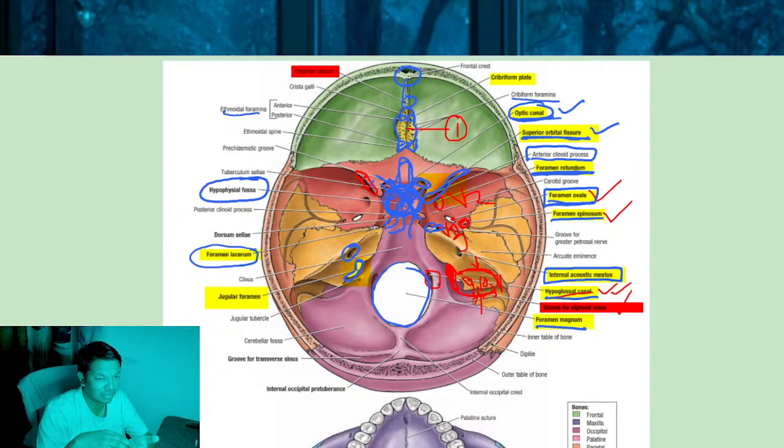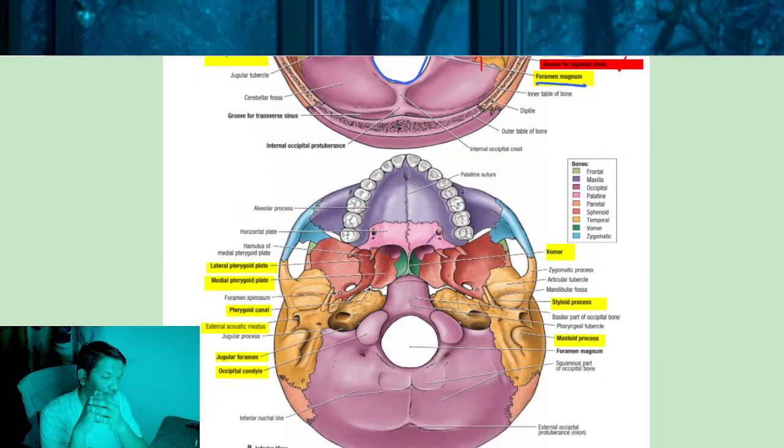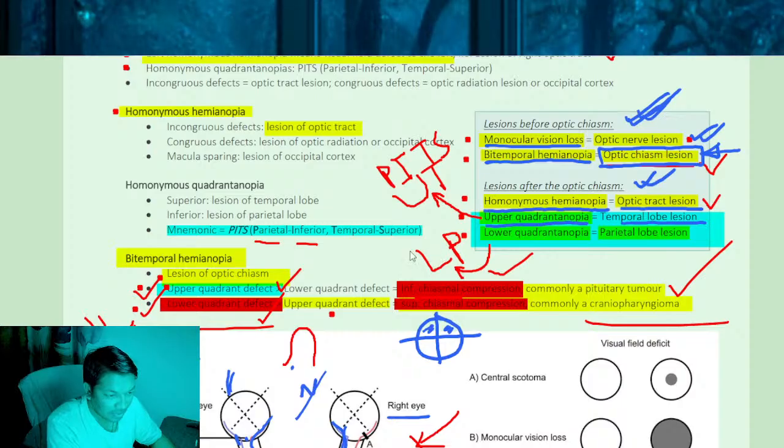But in the upper part, as it is nerve, a pituitary tumor can compress upward. That's why the upper quadrant defect is more pronounced than the lower quadrant.